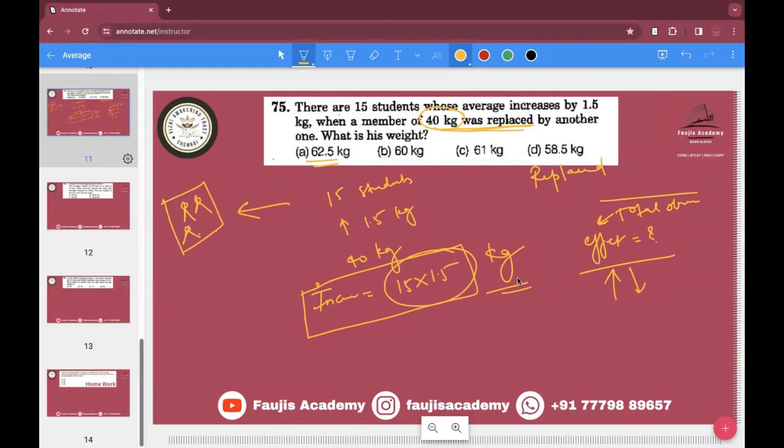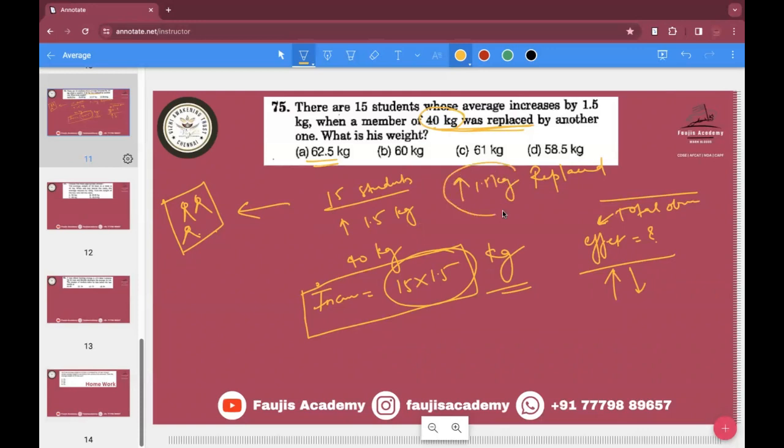The average of 15 students increased by 1.5 kg.